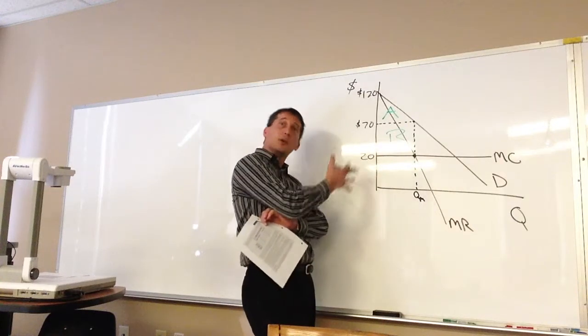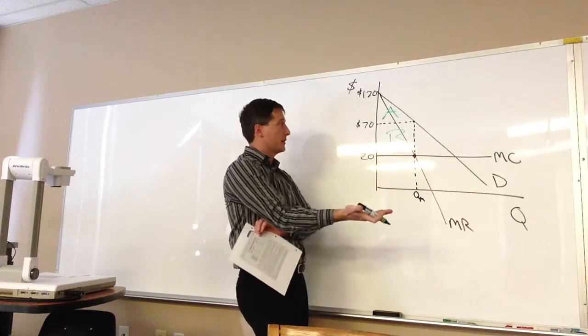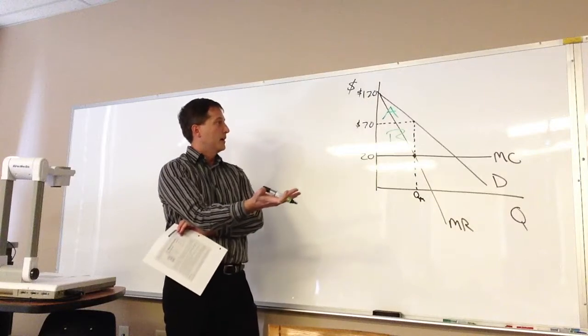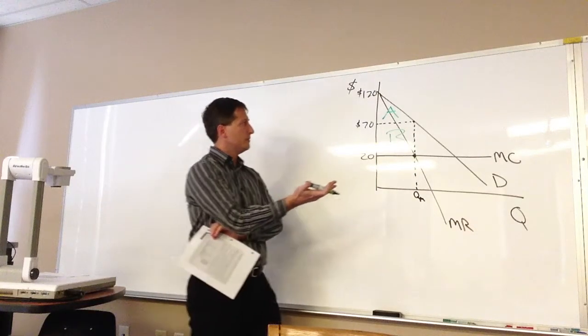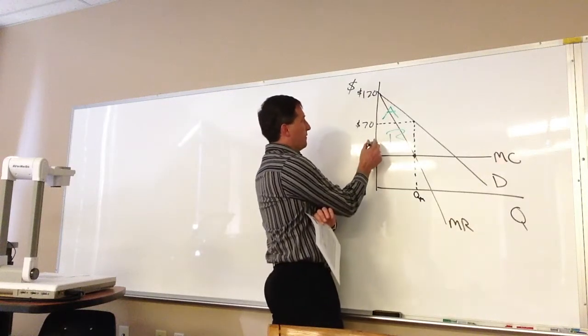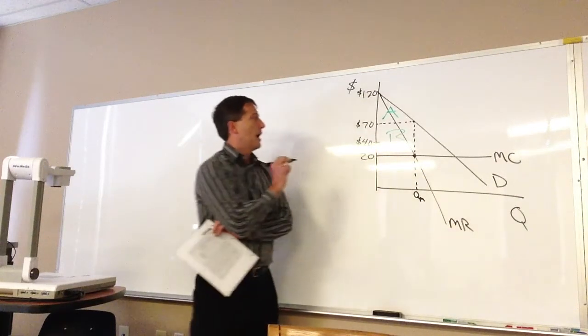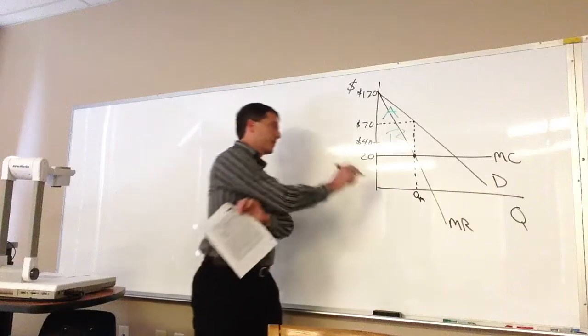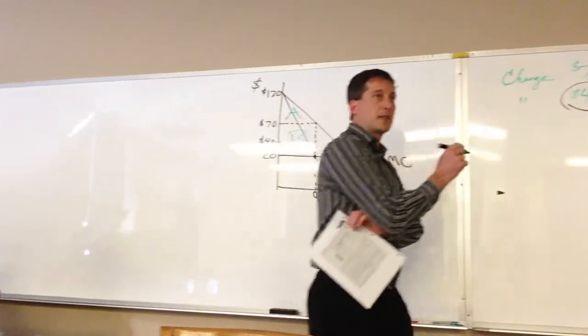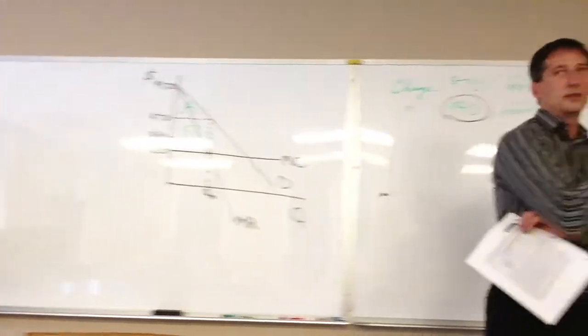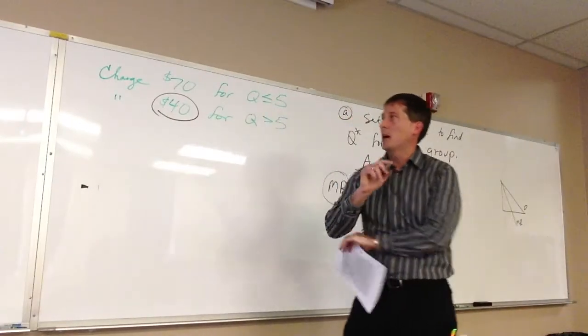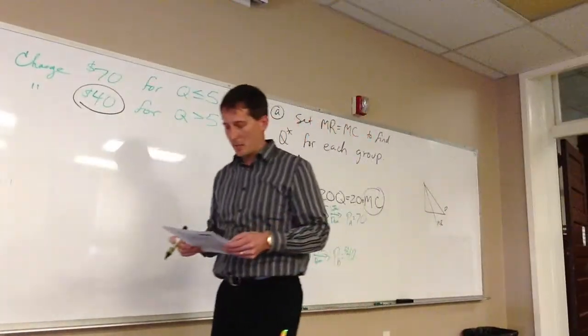Are they going to do it or are they not going to do it, given their preferences? So at a price of 40, how much is this person willing to buy? How much is that person willing to buy?